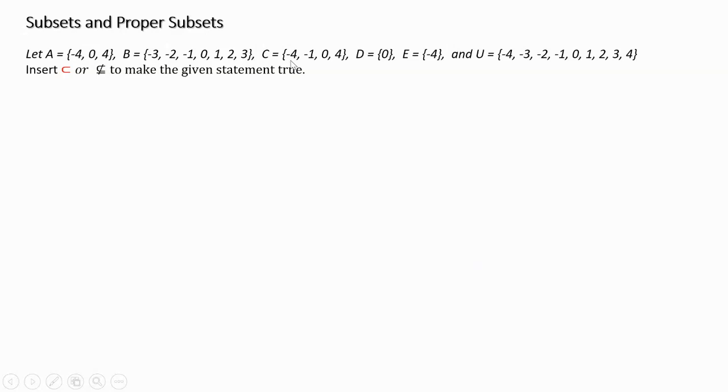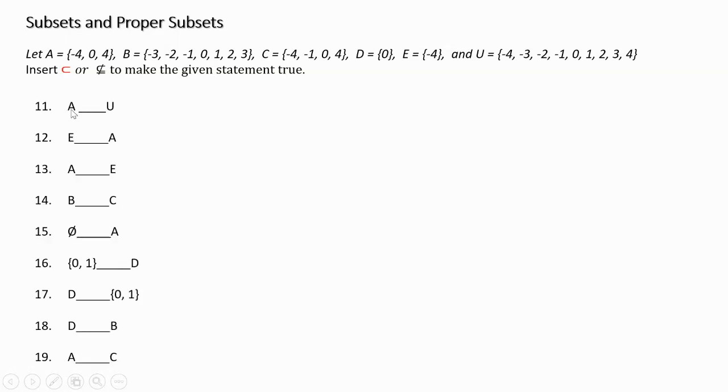And set C contains the elements -4, -1, 0, and 4. And set D contains the element 0. And set E contains the element -4. And this is my universal set. It's the integers from -4 to 4. So here they're asking to insert the proper subset symbol or not a subset symbol to make the given statement true.